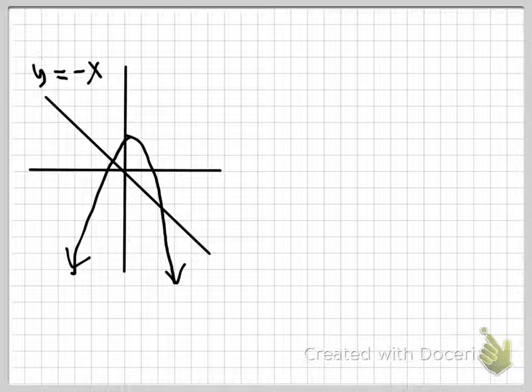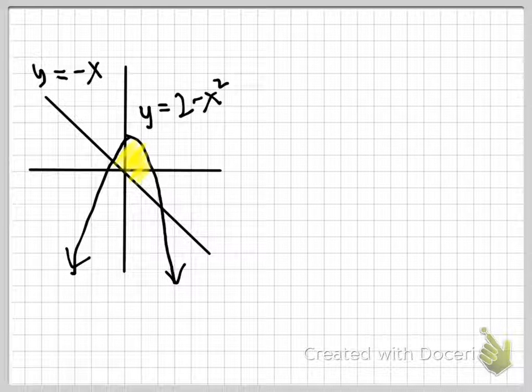It's not a very fantastic picture, but we're going to go with it. That's the graph of y equals 2 minus x squared. And the area we're going to find is the area in between those two curves. Okay? That's our section heading here, right? The area between two curves.